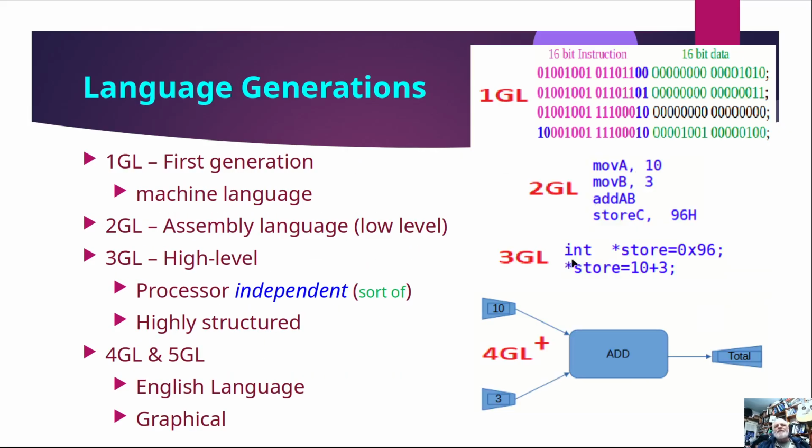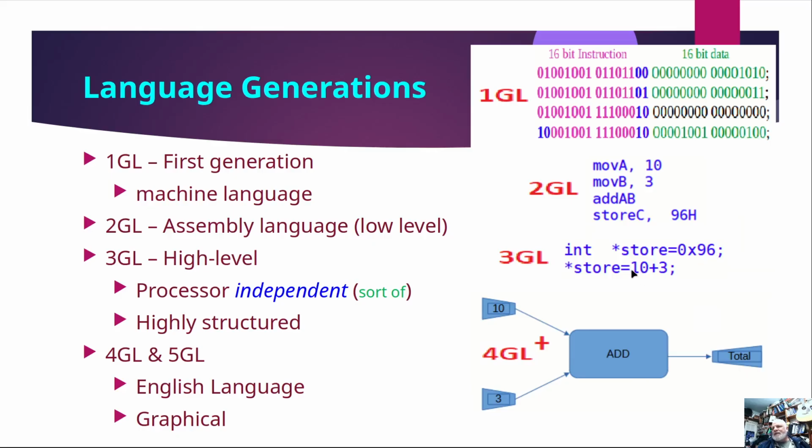So you had to just learn these little acronyms to do the code. Then they came up with higher level code like C, where you could define an integer, and in this case, this is what we call a pointer location, which is pointing to the memory location where we're going to store it.